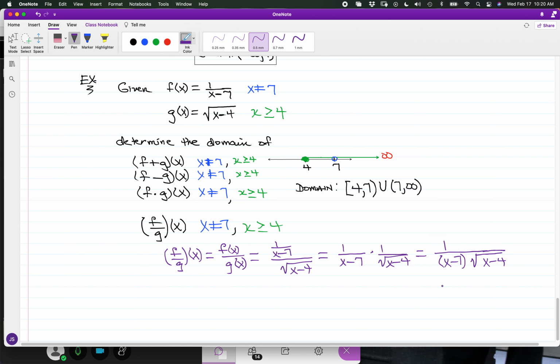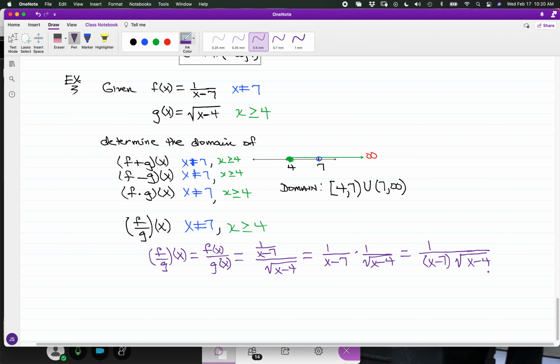And so, to be able to work with f of x, we have 1 over x minus 7, so x could not be 7. To be able to work with g of x, so far x had to be greater than or equal to 4. But now, if you notice, for g of x, you had x cannot be equal to 7, x had to be greater than or equal to 4, but guess what?